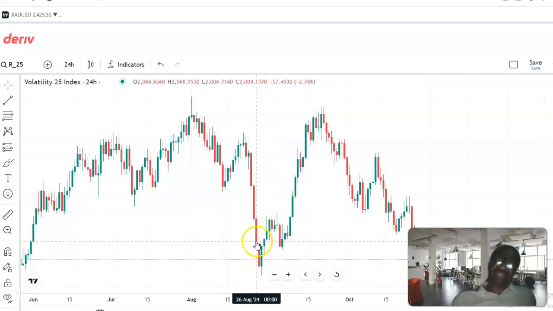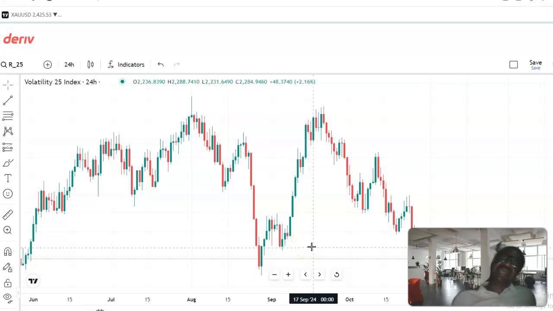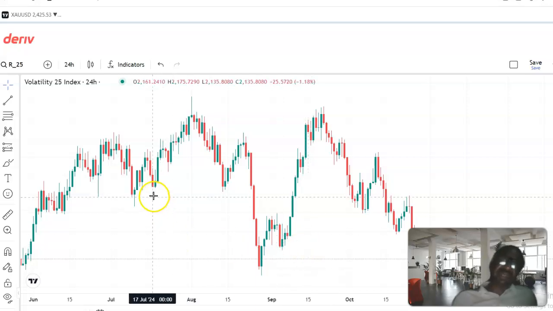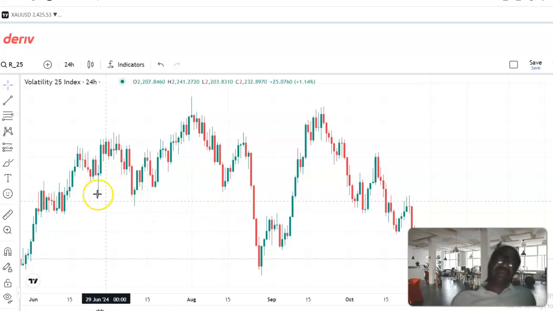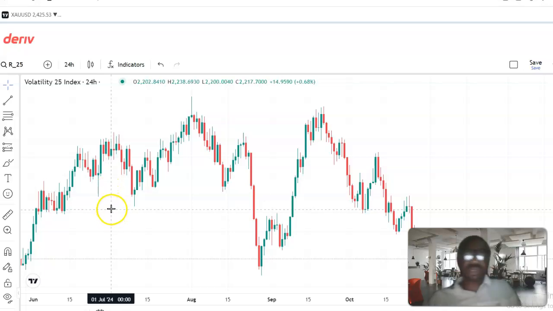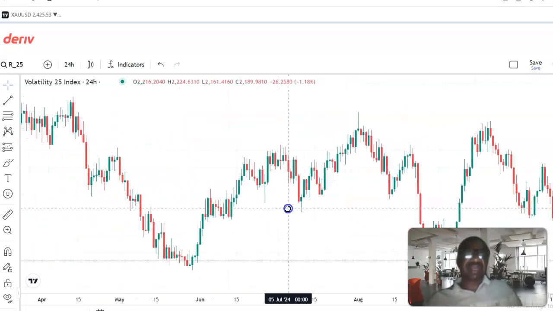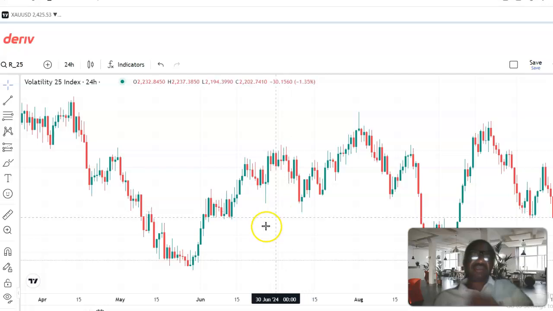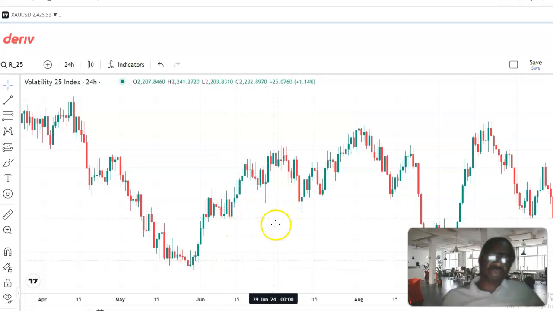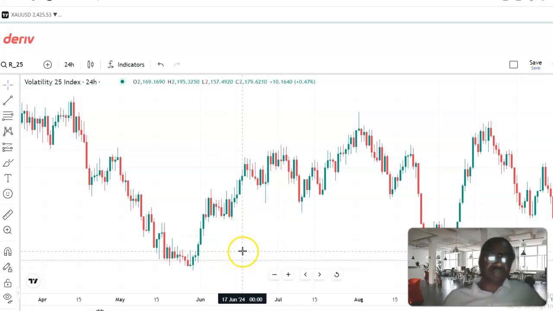They use it to reverse a trend from bull to bear. Then a hammer is used, for example, look at a hammer here, this is also a hammer here. It is used to reverse a trend from bear to the bulls.